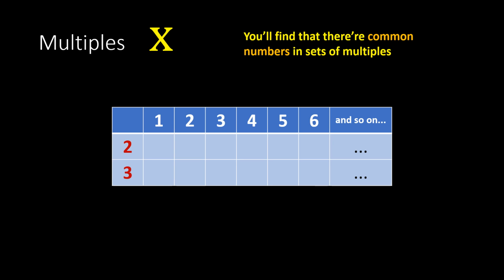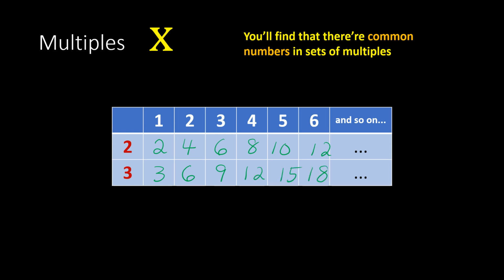When you do multiples, you'll find that there are common numbers in sets of multiples. Let's see the multiples of 2 and 3. We have 2, 4, 6, 8, 10, 12, and for multiples of 3, we have 3, 6, 9, 12, 15, and 18.